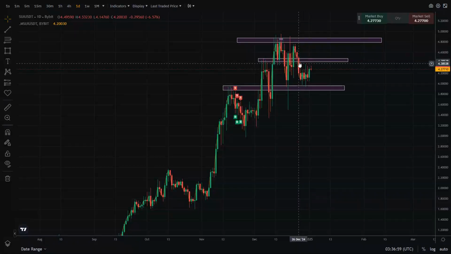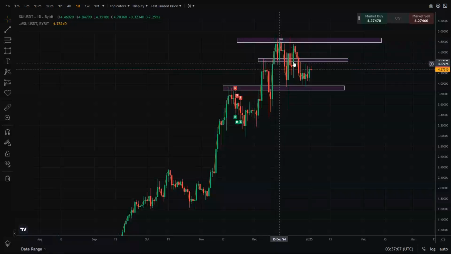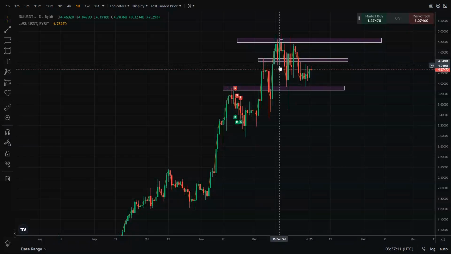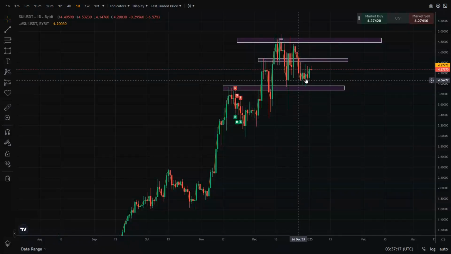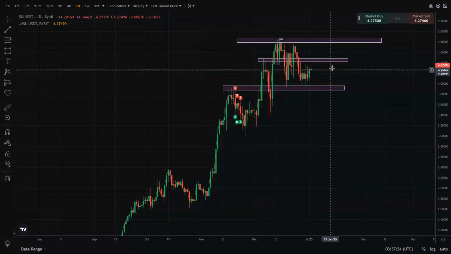Take a look at this, it approached the level and tanked down, and these are recent support areas. Take a look at it touching this level and moving up, and at least we have two touches here. It touched the area, tanked down, closed near the area, tanked down. Now it is close to the area and it is tanking down. So that's the first thing.